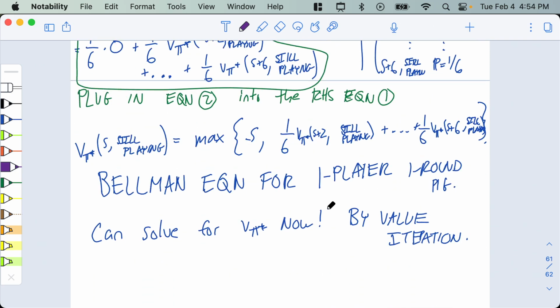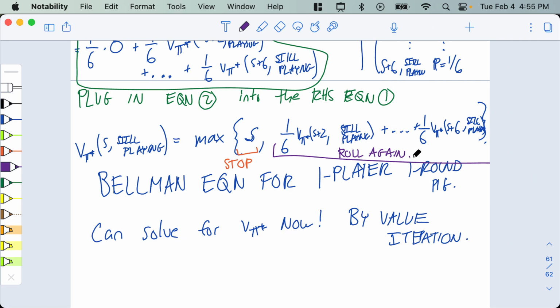V is the maximum of two things. This maximum represents the two things that can happen: there's stop, and all this stuff was roll again. V is the maximum of what you get if you stop and roll again.